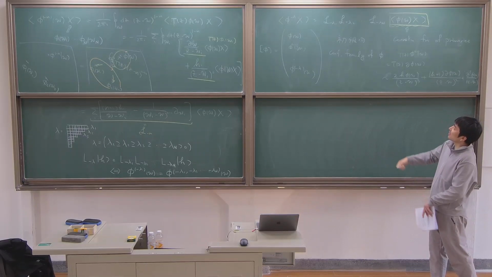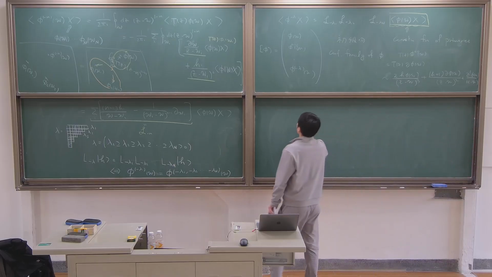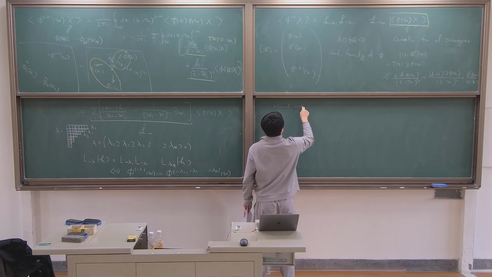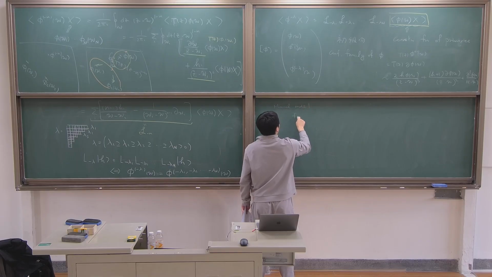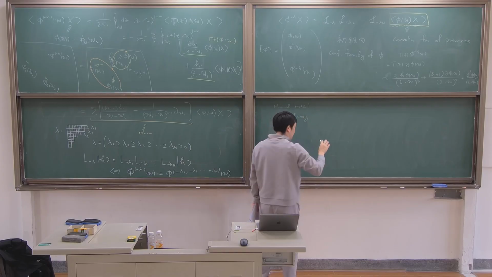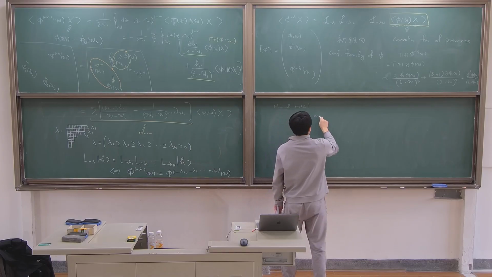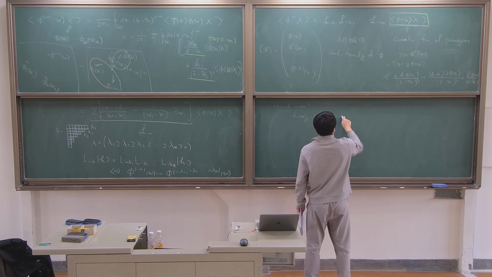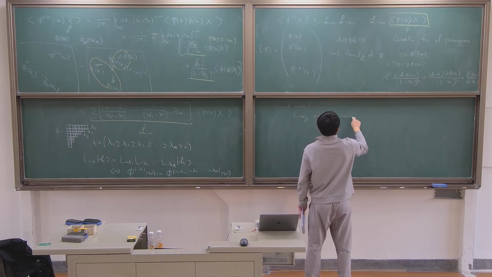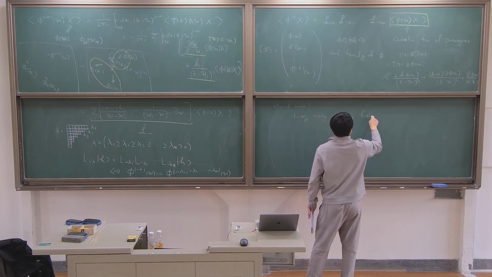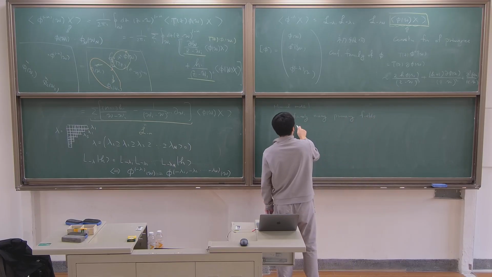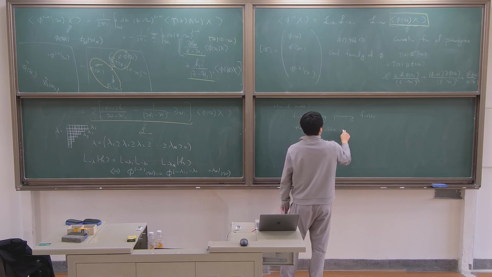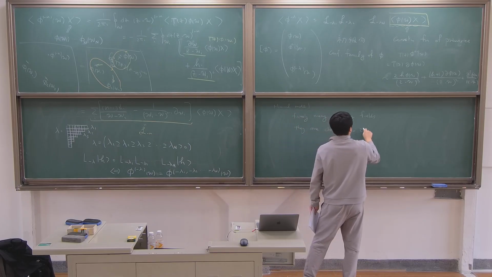So what's nice from this analysis is that the minimal model has finitely many primary fields. I keep mentioning this: finitely many primary fields, and they are closed under the OPE.